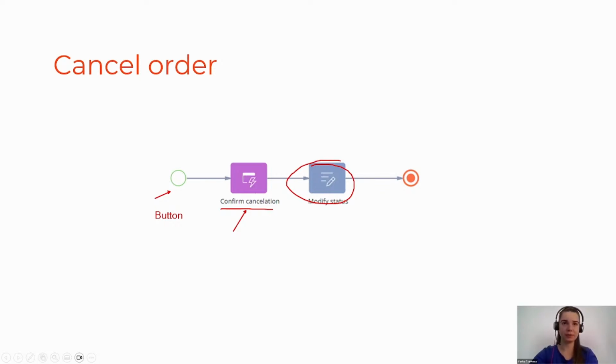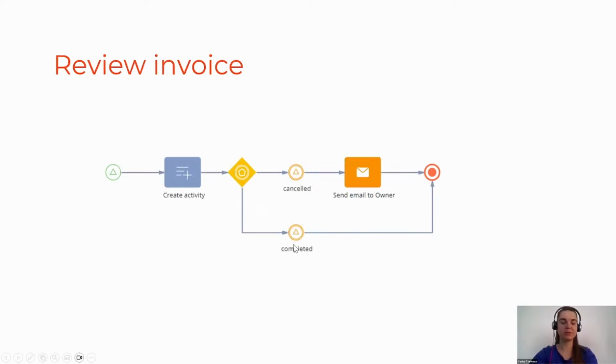Then here on this element, on the confirm cancellation, we are going to create two buttons and we are going to generate a signal. This signal will trigger another business process, which will be the other business process that we're going to create.